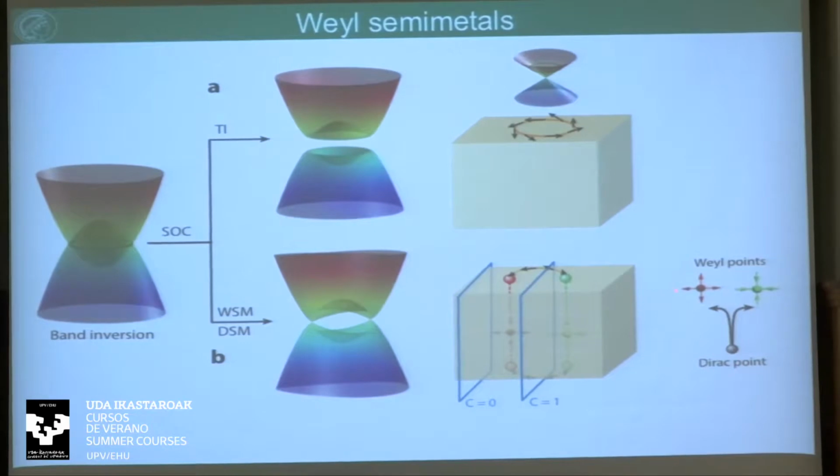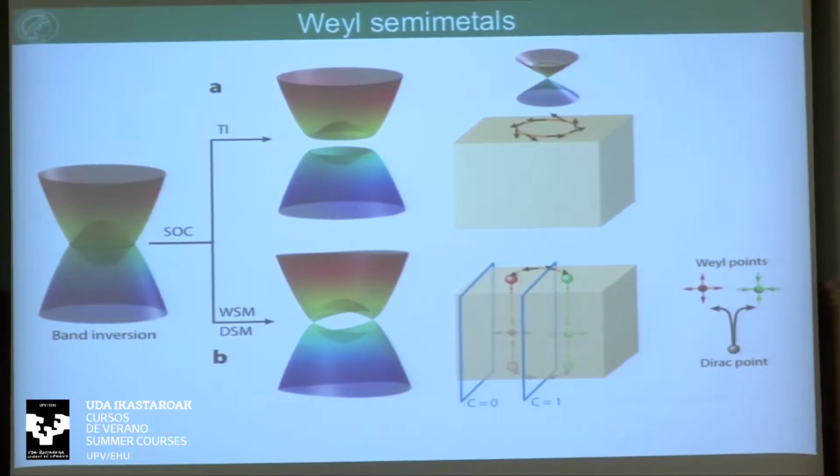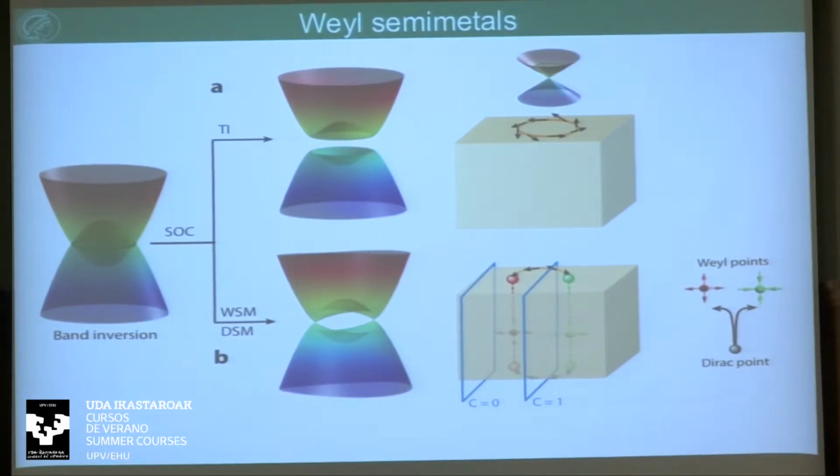And then if you apply a magnetic field, or if you reduce the symmetry of the material, if you remove inversion symmetry, for example, you can split Dirac points into Weyl points, so they have a certain chirality now.